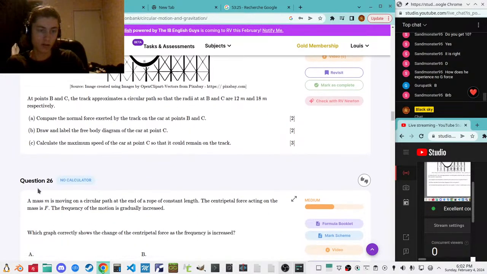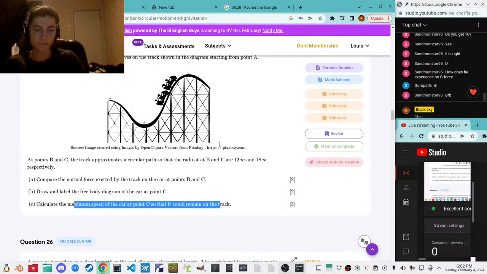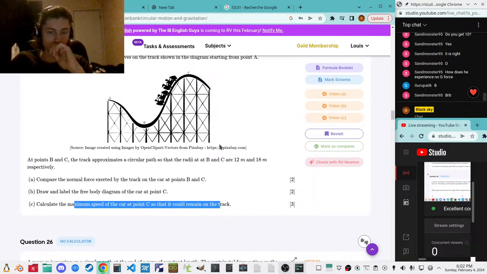Calculate the maximum speed of the car at point C so that it could remain on the track. True, because it might just leave. Let's see. We have the radius, 18 centimeters.